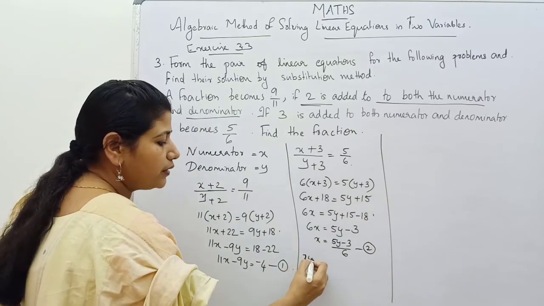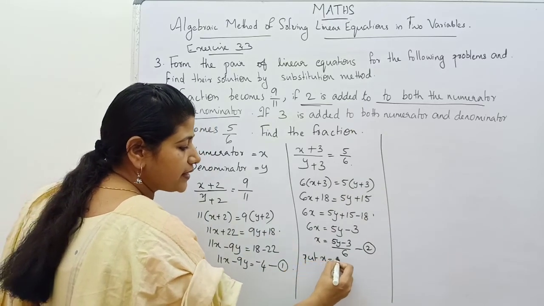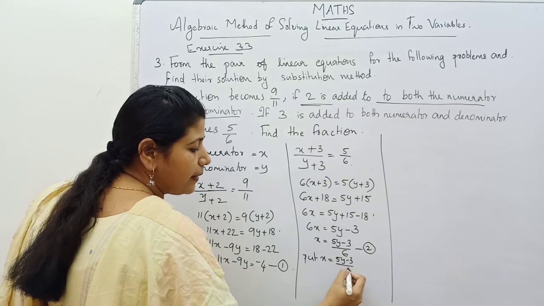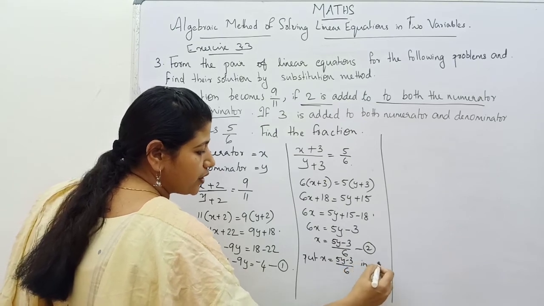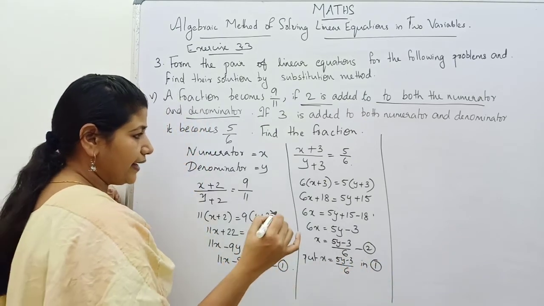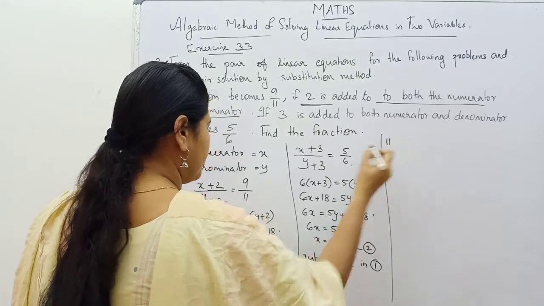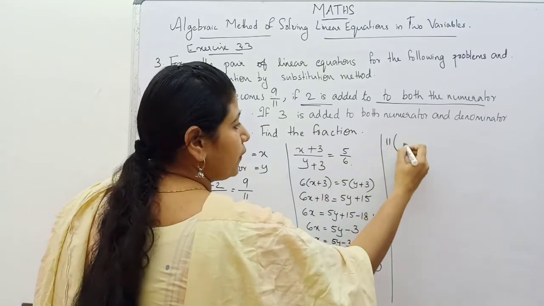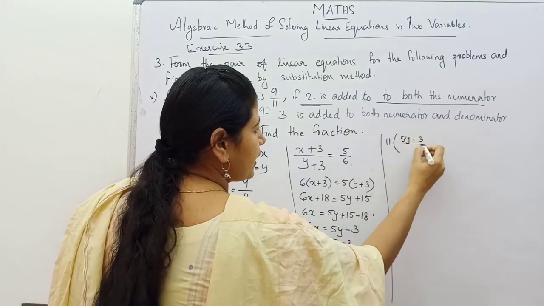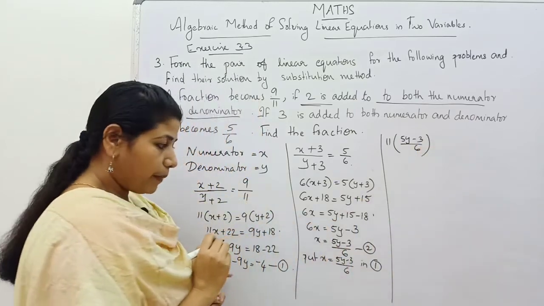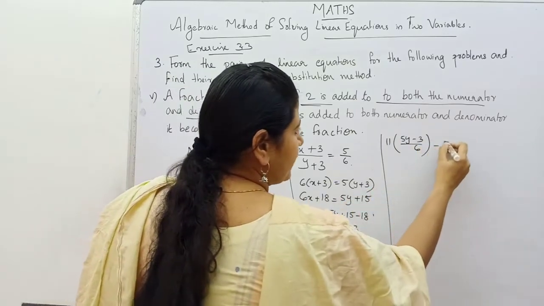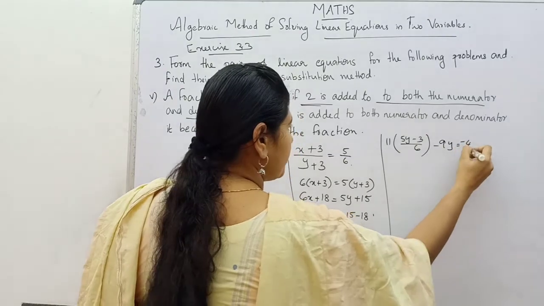Now substitute the value of x is equal to 5y minus 3 by 6 in equation 1. So you can write 11 into x, which is 5y minus 3 by 6, minus 9y equal to negative 4.